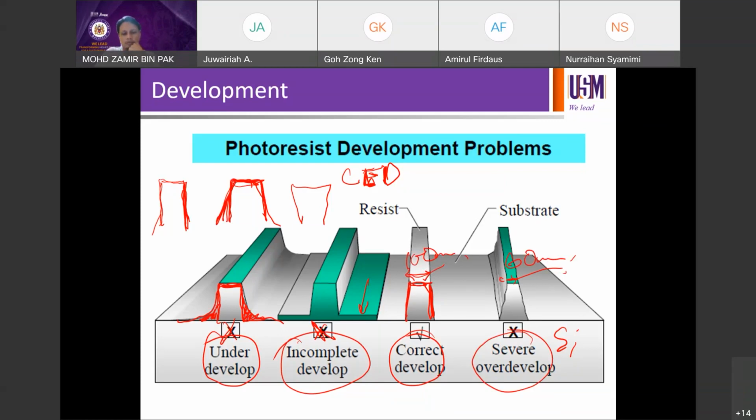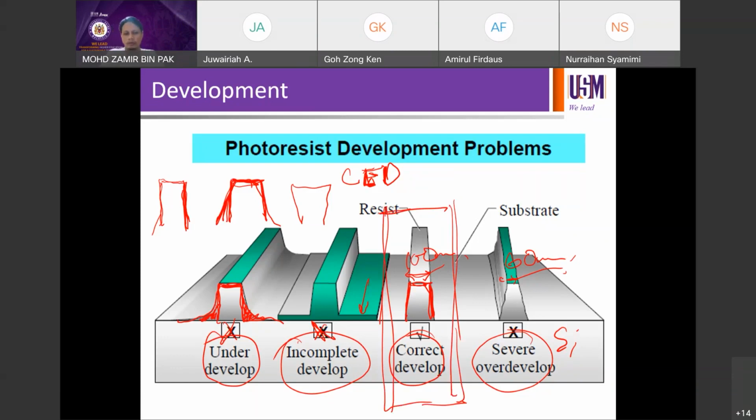Okay, perhaps it's due to the dosage during the exposure, or some misalignment, or perhaps your developer recipe is too long. Okay, it's too long, then you overdevelop. Okay, masih boleh juga. So this is the only correct one, correctly developed. Right? Yang lain semua tak betul. Yang lain semua is considered as a problem lah.